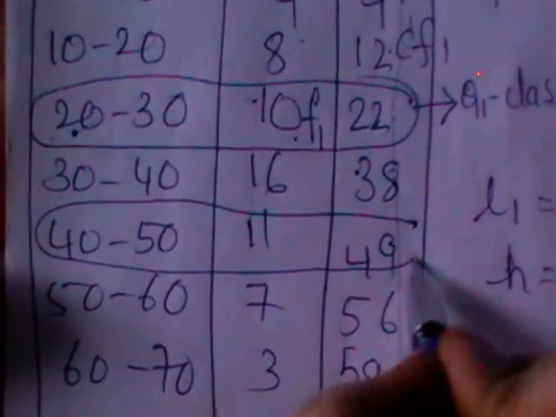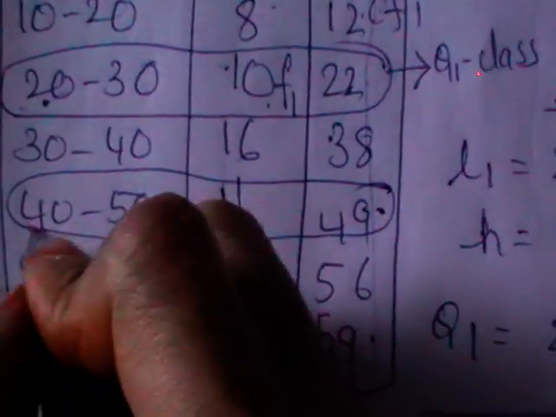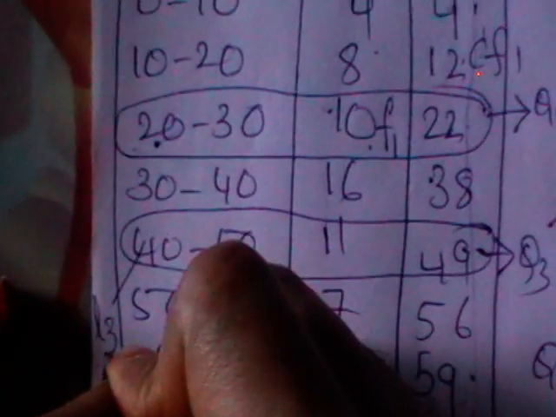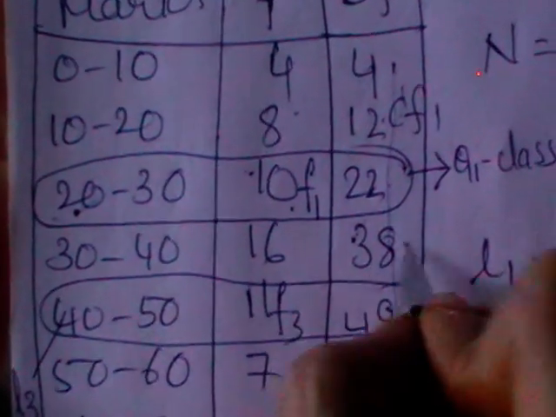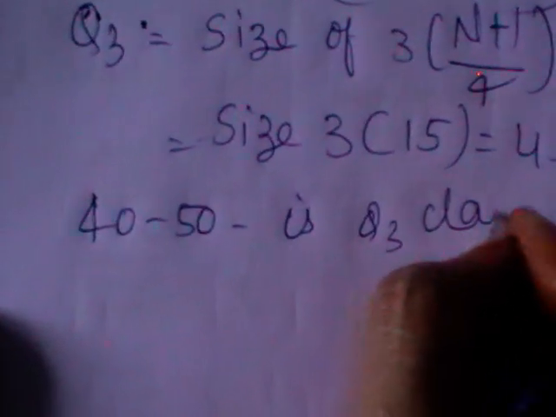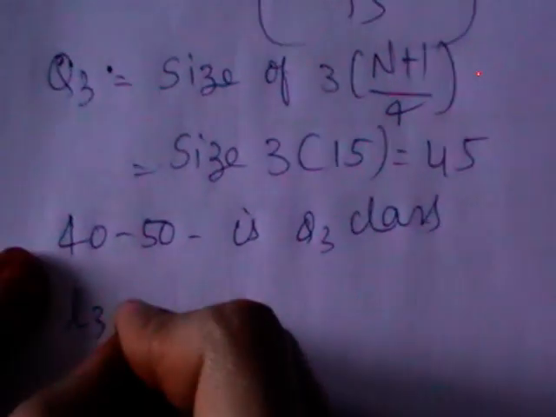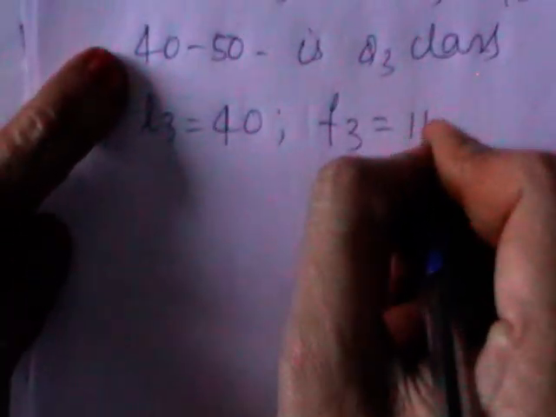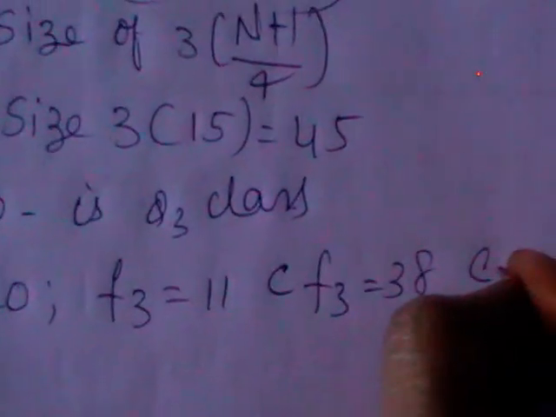Clearly this is the value greater than 45. This is the Q3 class. 40 to 50 is the Q3 class. L3 is the lower limit of this. F3 is 11 and CF3 is 38, and there is no change in the class interval.